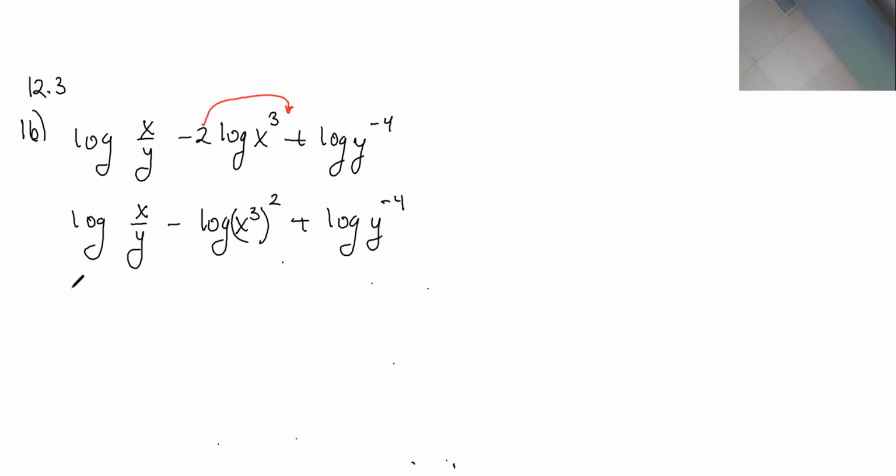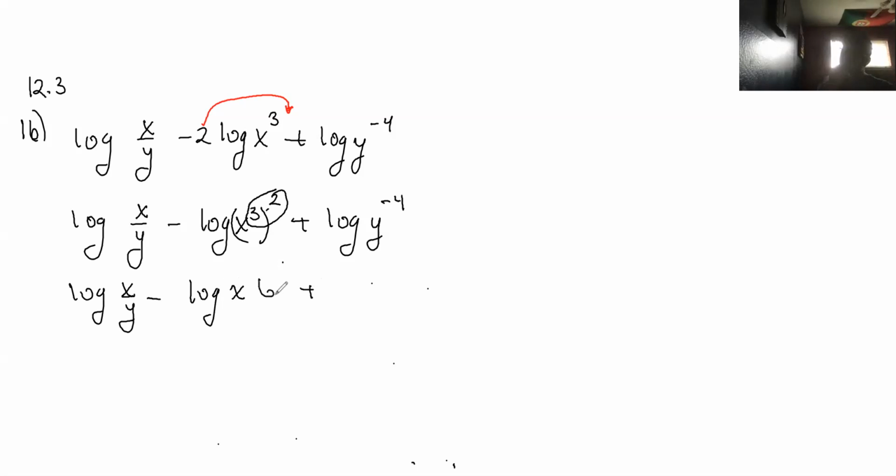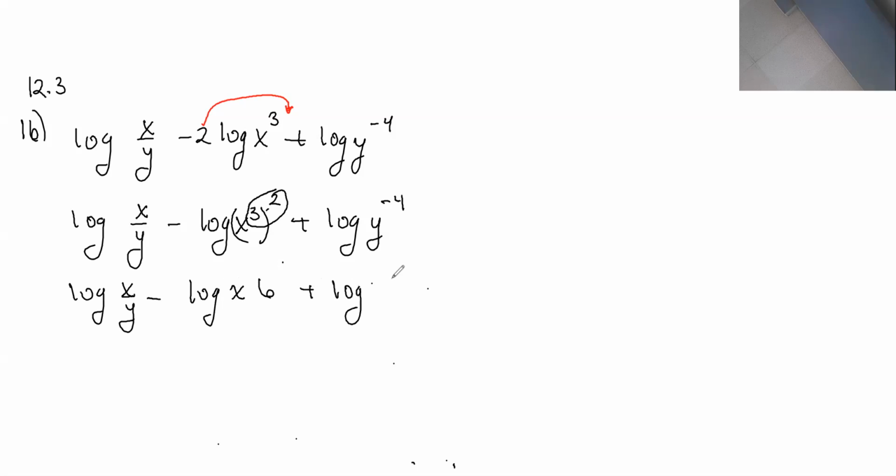Okay, I'm going to clean this up. Log of x over y minus log of x cubed squared. I multiply the exponents. What does that give me? X to what power? The 6th. Plus log of, I'm going to write this as 1 over y to the 4th. These two I'm going to bring together as a fraction.